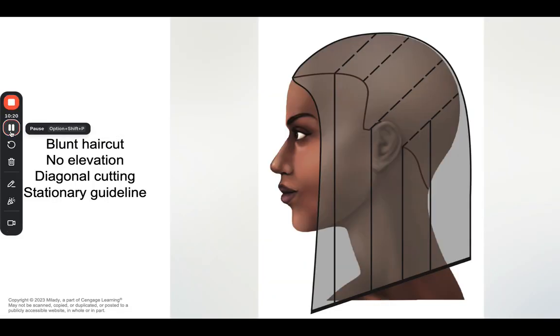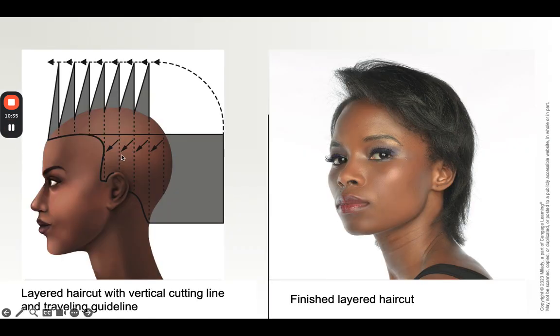This image here shows a blunt haircut. You see how it has zero elevation. It also has a diagonal cutting line and a stationary guideline. To achieve a layered shape, as you see in these pictures here, you use a 90-degree elevation with a vertical cutting line and a traveling guideline.